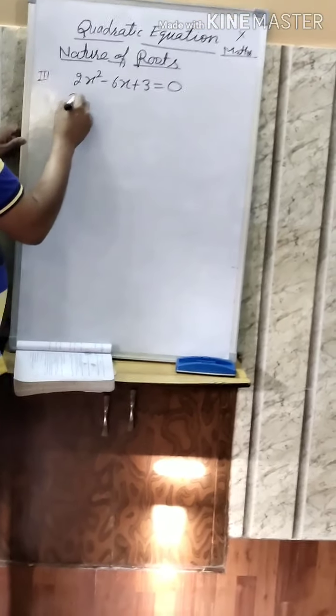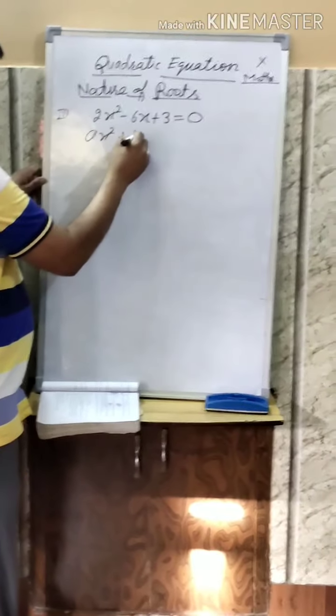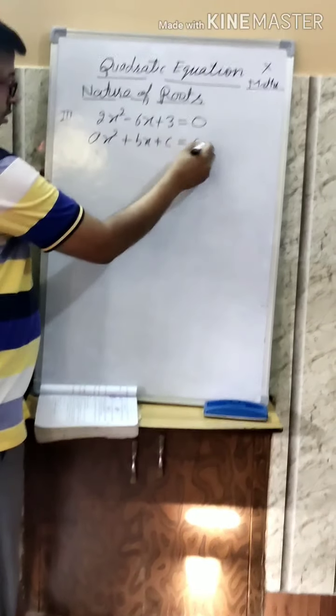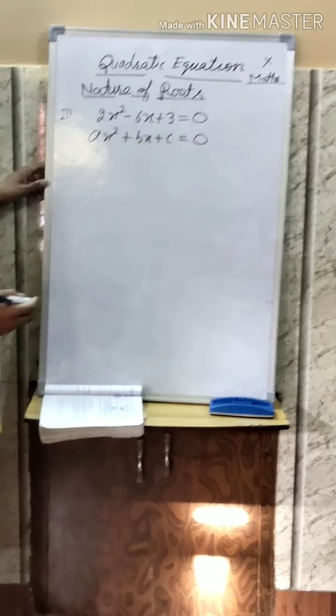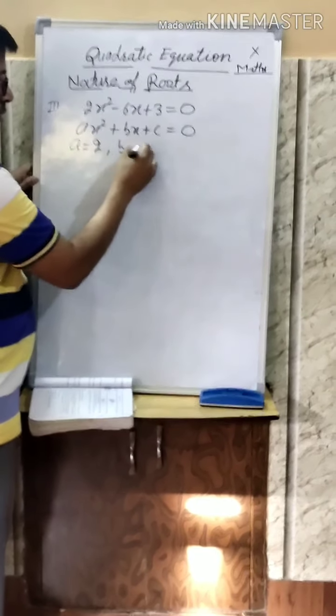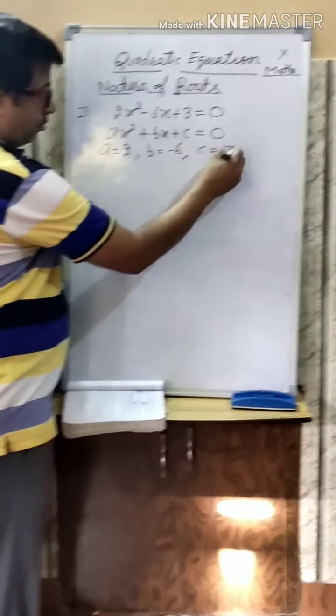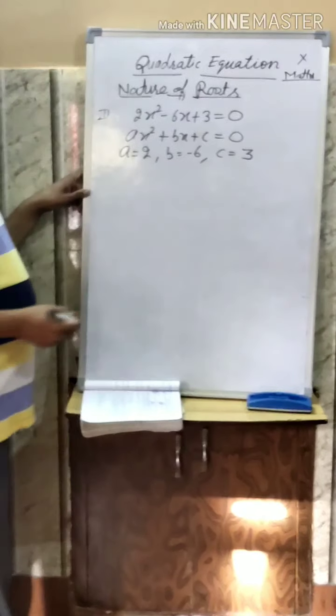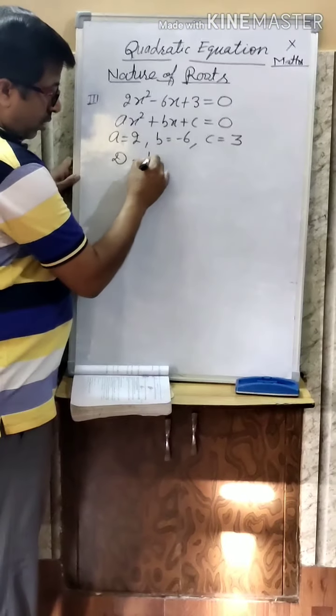So you compare with the standard form, ax square plus bx plus c equal to 0. Comparing, a equal to 2, b equal to minus 6, c equal to 3. So now find out D. What is D?